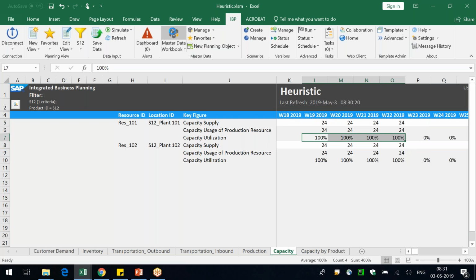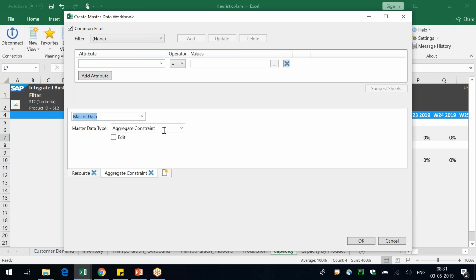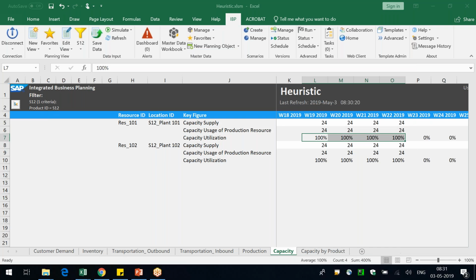If you remember, we first maintain the resources, and then we extend the resources to the locations. Then there is the production source. So I'll open this resource level master data.